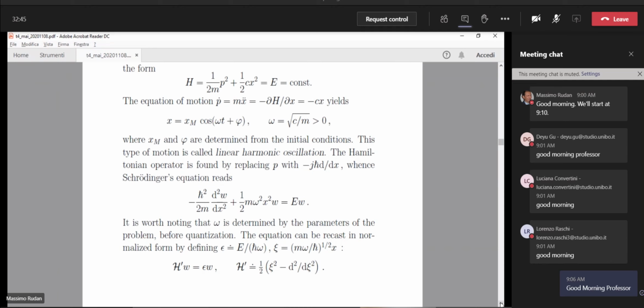Then we replace the series in the equation. You can immediately understand that the right-hand side, epsilon times W, contains the series as is, because W is expanded into the series.